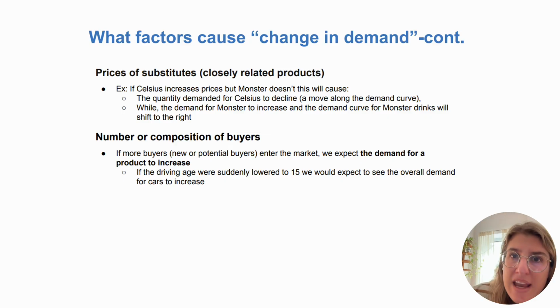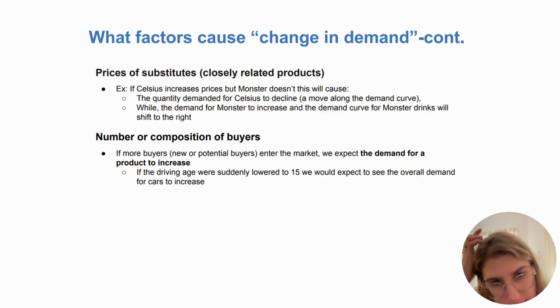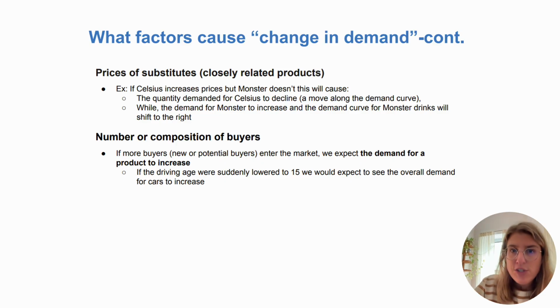Two more big factors that can shift demand are the prices of substitutes and the number or composition of buyers. So first, the price of substitutes. Substitutes are products that can replace one another, right? So Coke or Pepsi, for instance, or Coke and Mr. Pibb, these kinds of things.